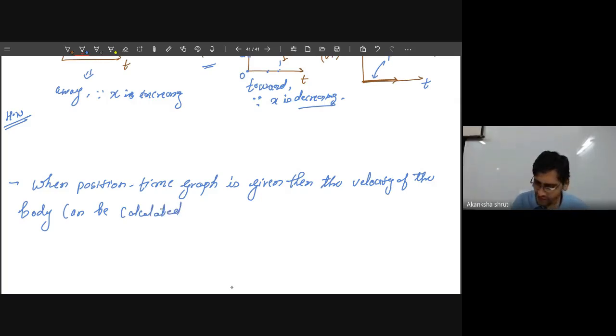It is not only the velocity, even acceleration can also be calculated. Also, acceleration can be predicted or determined.